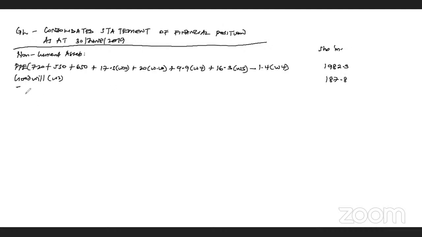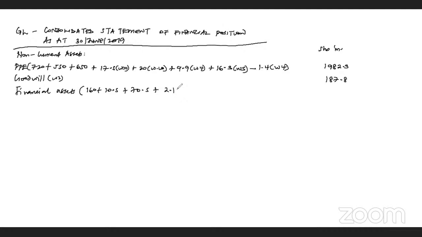Then we have financial assets, 160 for the parent, 10.5. Then you have 70.5.